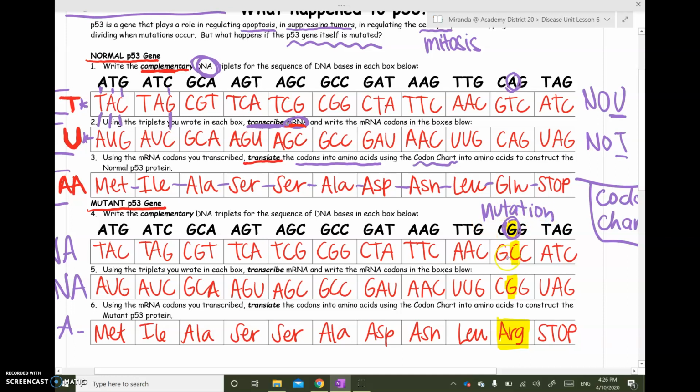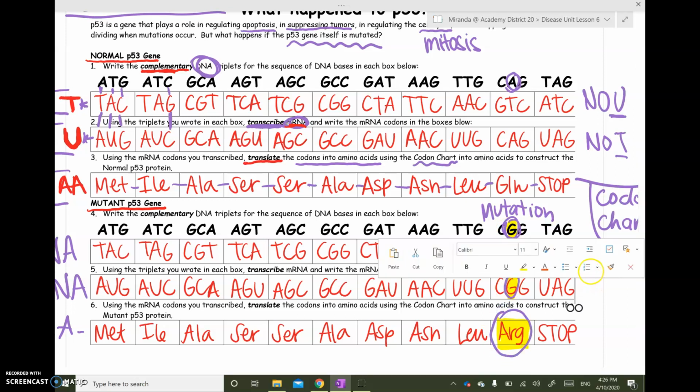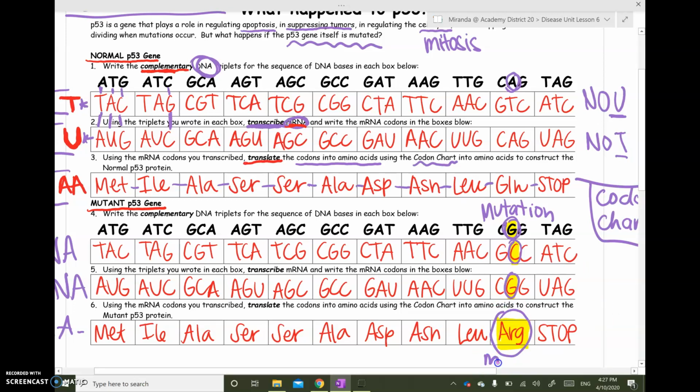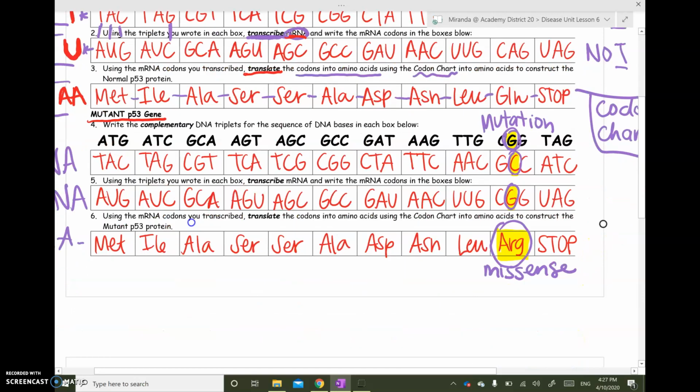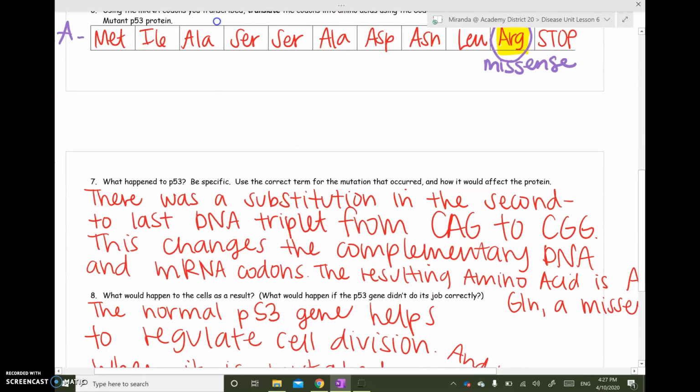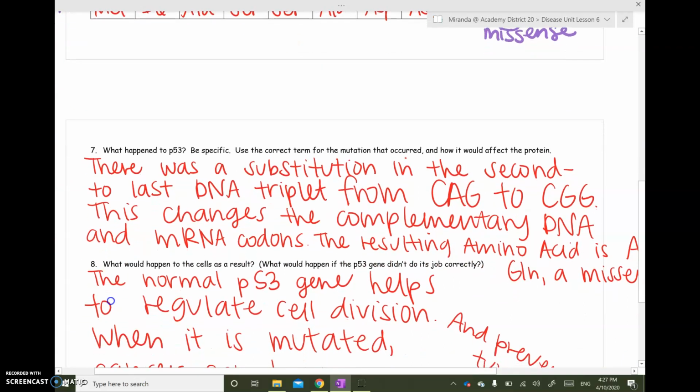So this one's wrong, this one's wrong, this one's wrong, and this one's wrong. Okay, so if you remember from before, this is a missense mutation, which means that just one amino acid is different and it did not turn into the stop codon. Okay, so it says, what happened to P53?